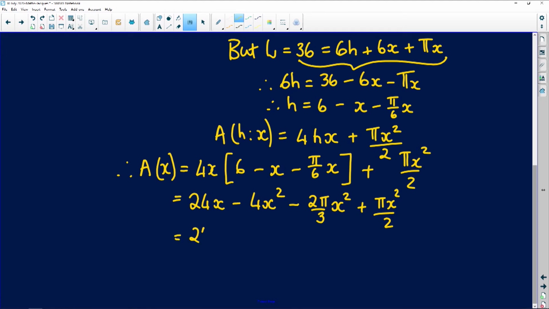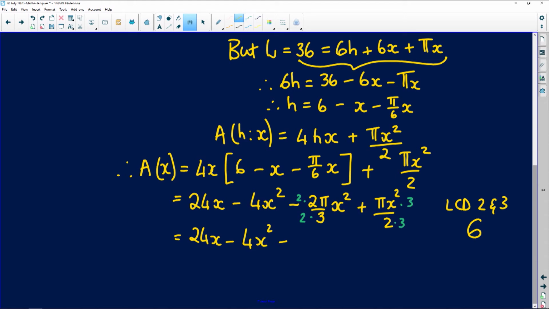So we get 24x minus the 4x squared. Now we have minus. Now I'm going to change this. LCD of 2 and 3 is 6. Okay, so I'm multiplying the top with 2. I multiply the denominator with 2, here with 3, and there with 3.